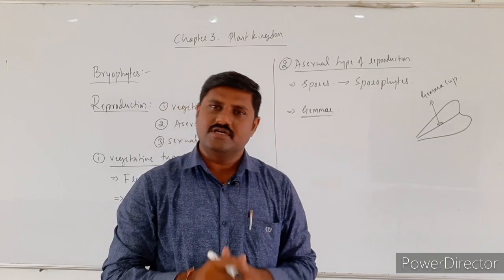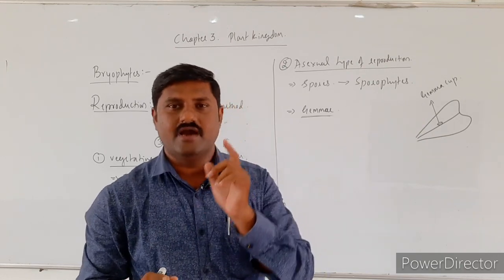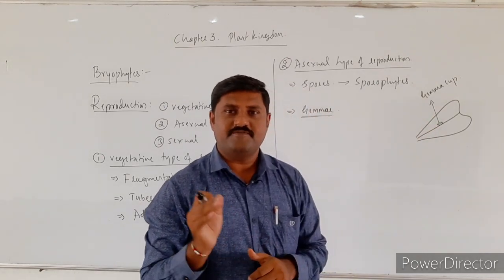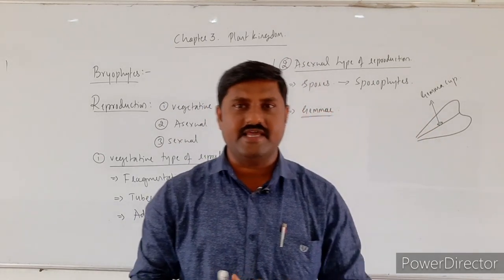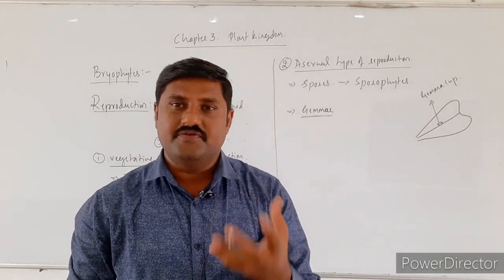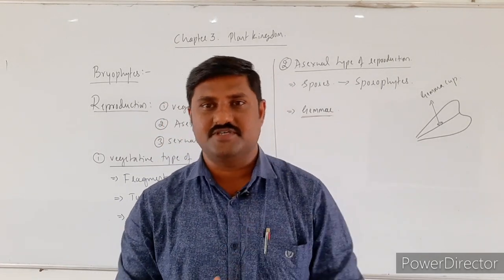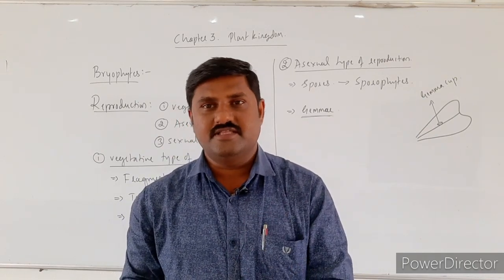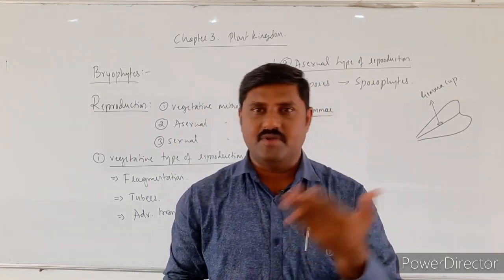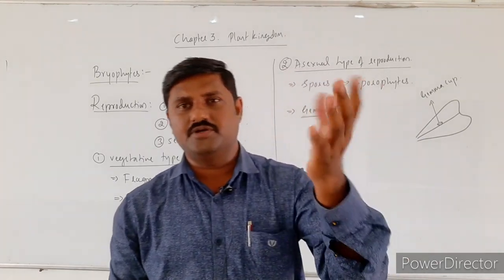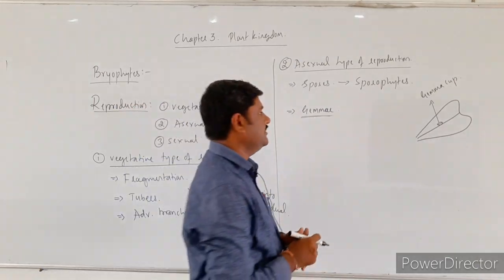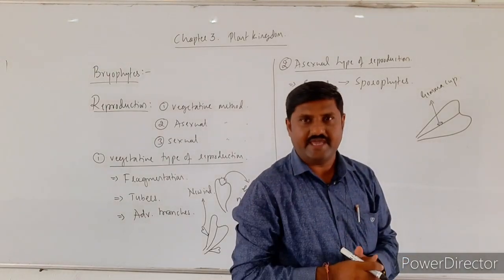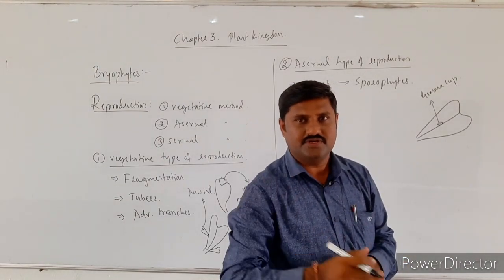About 10 to 15 gametes are present in each gemma cup, and whenever they mature, they detach from the plant body, come out, and grow into a new individual.